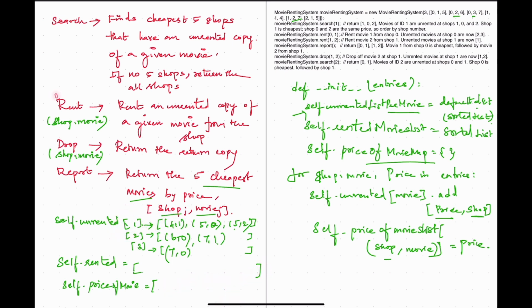When they are calling the rent or drop function, we have only shop and movie, not price. So how will we be able to remove from the sorted list? If you have a similar item, say 4 comma 1, you have to remove 4 comma 1. If you know the price, only then will we be able to remove it.